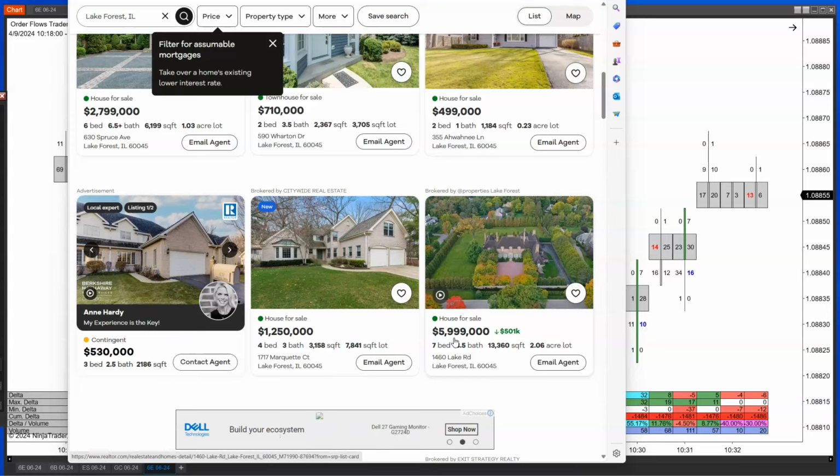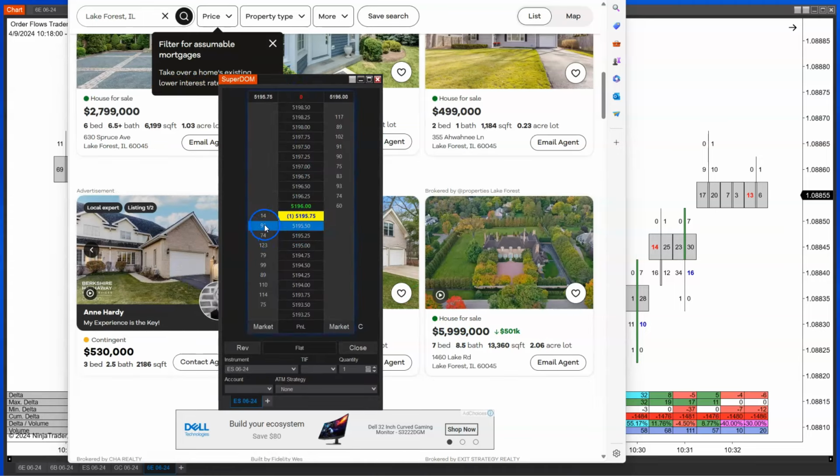So what that buyer would do, he doesn't think it's worth 5.9, so he's not going to be aggressive and pay 5.9. He's going to bid $5.5 million, right? He's going to join the bid here at 5.5. So the house is not going to sell because I have a buyer at 5.5 where I've got the seller at 5.9.